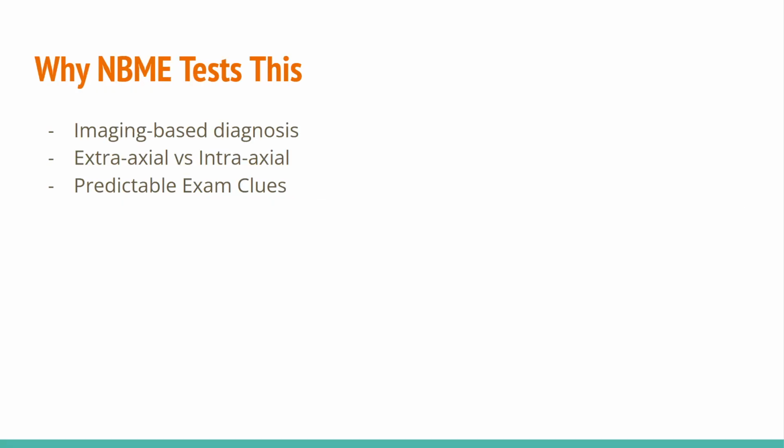Why does NBME like to test this? Well, they like to test the anatomy behind it, and if you know meningiomas, you hope that they just give you an image so that you can recognize an extra-axial mass and then correctly identify its cell of origin.